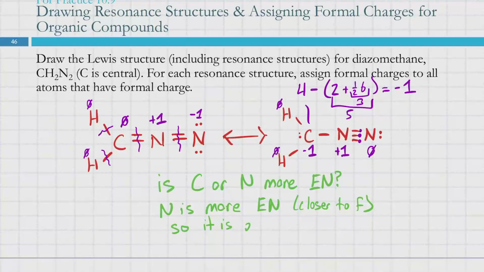So it is better to give nitrogen the -1 formal charge.